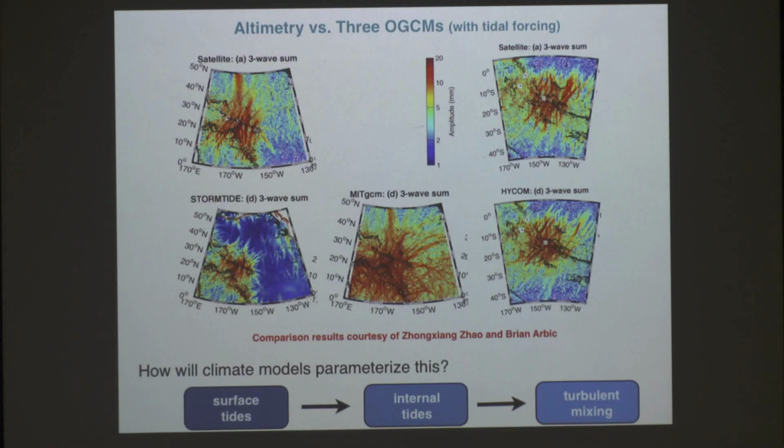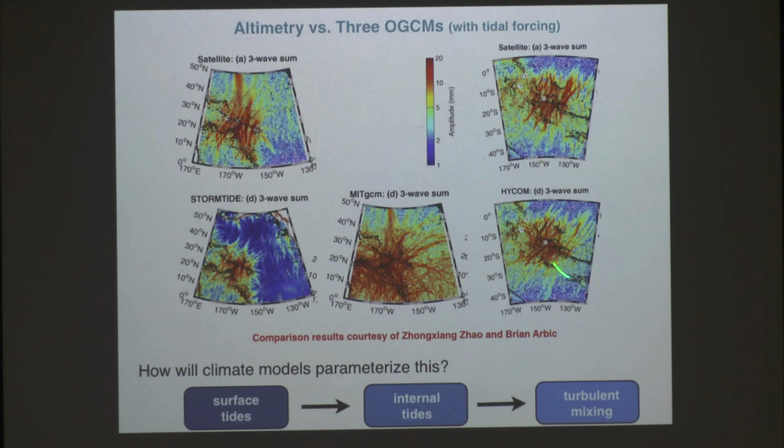So storm tide's too weak, ECHO's too strong, but just right, Goldilocks solution, sort of, the HYCOM model, at least in an overall general picture. But the details are a lot different. So you couldn't take a model like this and use it to compute tide corrections for altimetry or anything. But it gives you an idea of what the scales are that it's seeing, that it might be right.